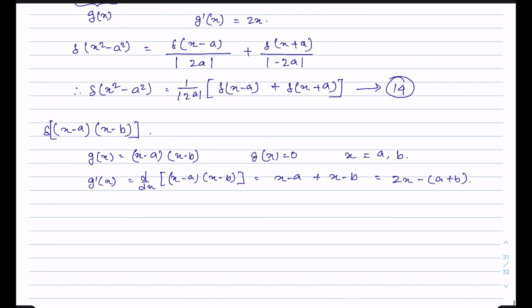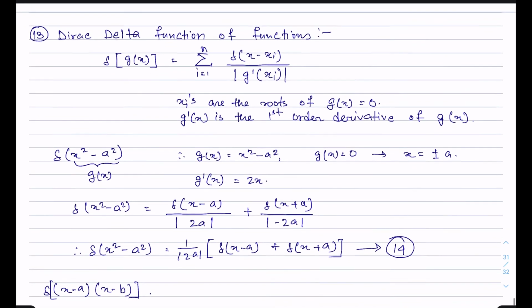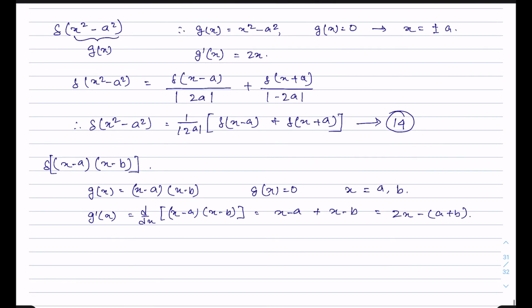Now let's use the above relation, this one. Using this relation we will have delta((x minus a)(x minus b)) equal to the sum over i equals 1 to n.